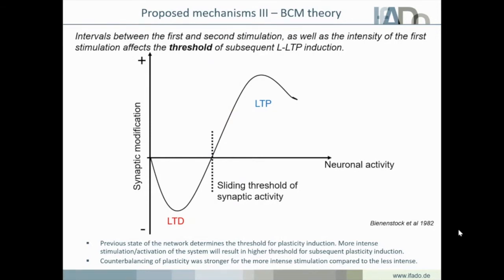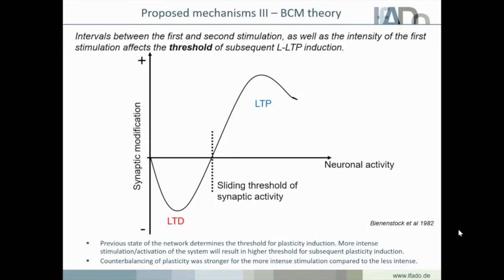So if the network was strongly stimulated previously, the threshold for inducing a subsequent plasticity increases very high. So you need an even stronger stimulation intensity to be able to induce plasticity.